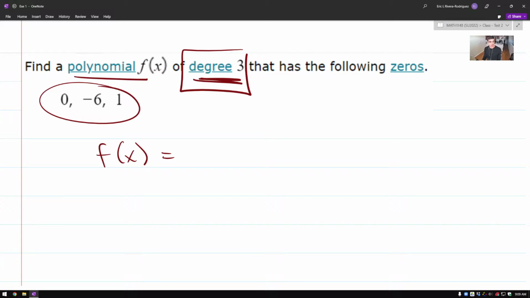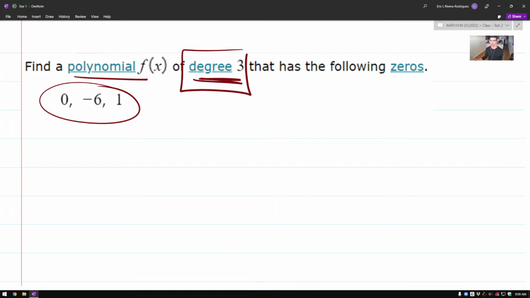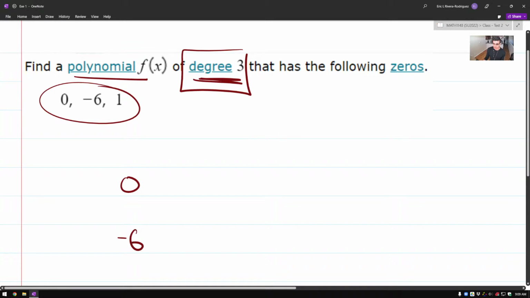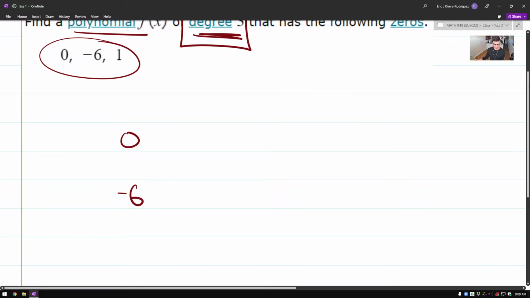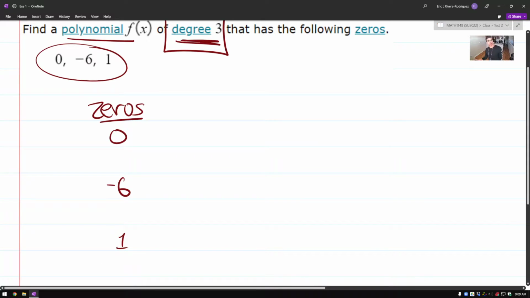The degree is 3 and its zeros are 0, -6, and +1. So how are we going to do that? Step number 1: we are going to take into consideration the zeros. Why would I want to start with the zeros?